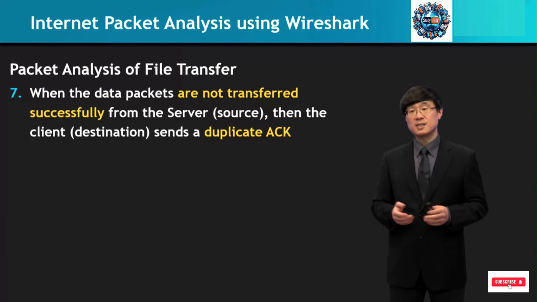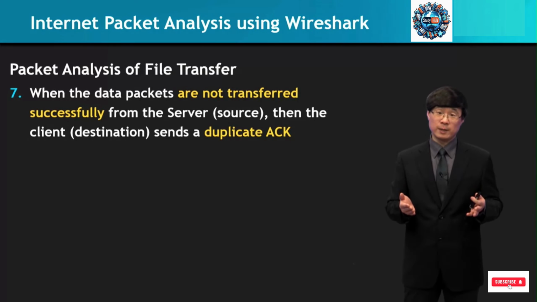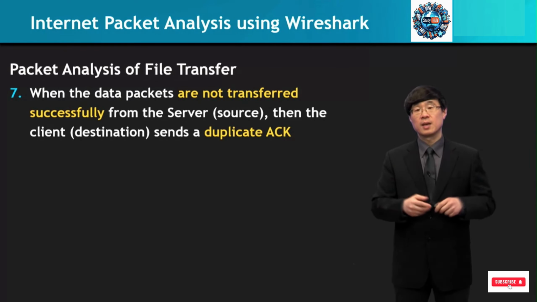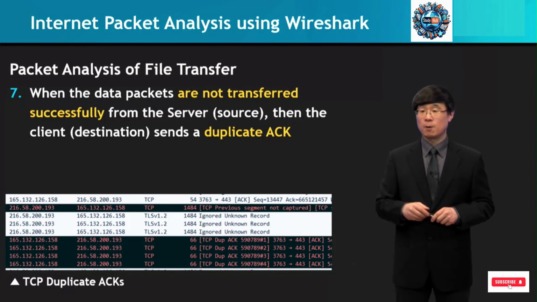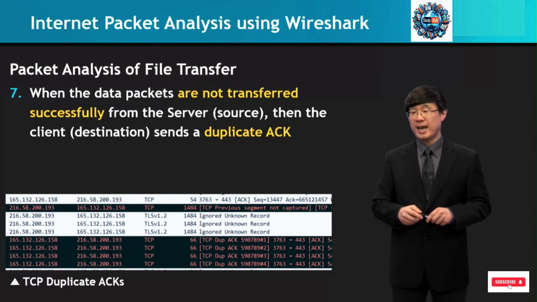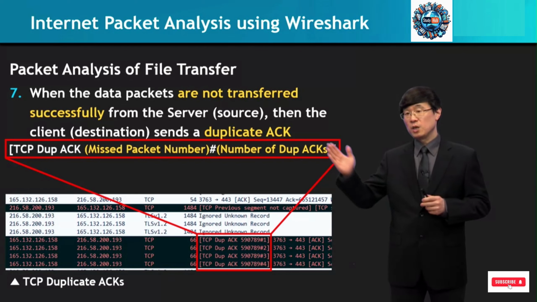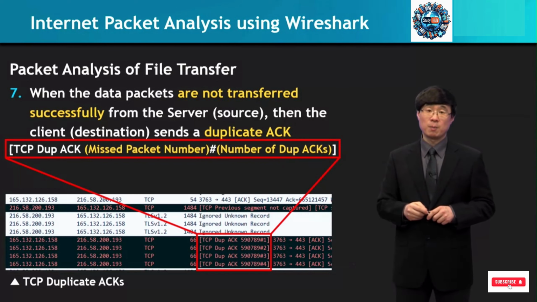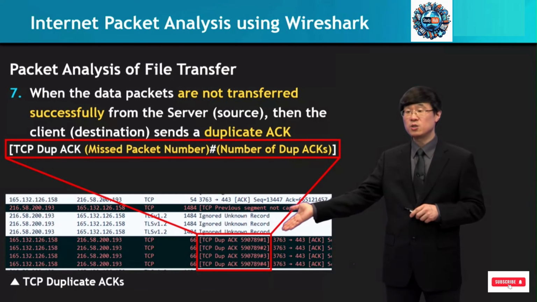The next process is that when the data packets are not transferred successfully, then TCP will trigger duplicated ACKs. And this process can be checked as well. Now, if you look at the TCP duplicated ACKs right here, you can see that it's written in a format where you see TCP duplicated ACK with the missed packet number, then a sharp sign in the middle, and also the number of duplicated ACKs, as in terms right here, 1, 2, 3.